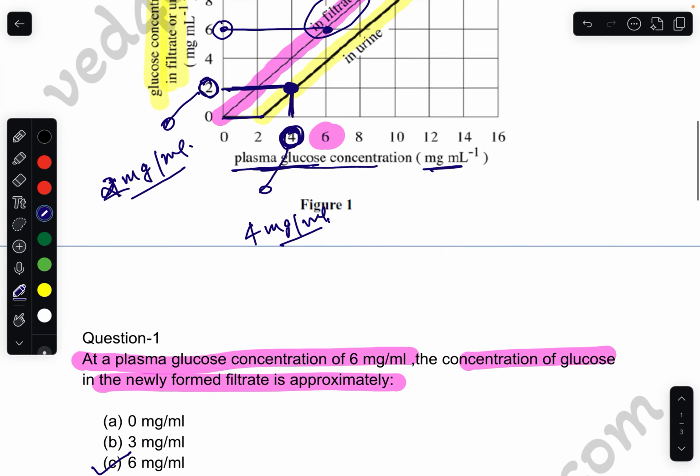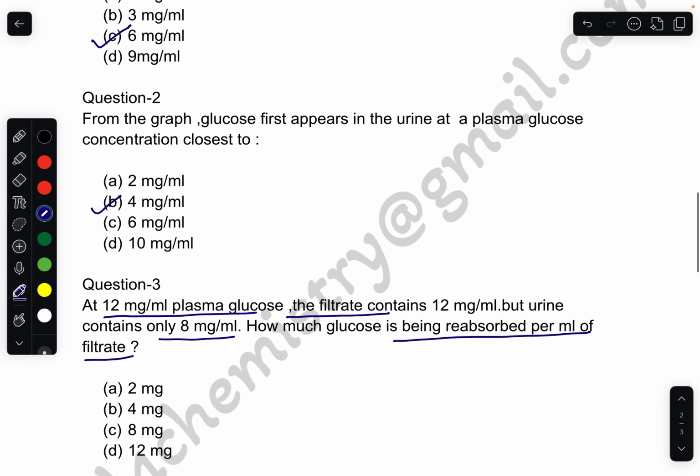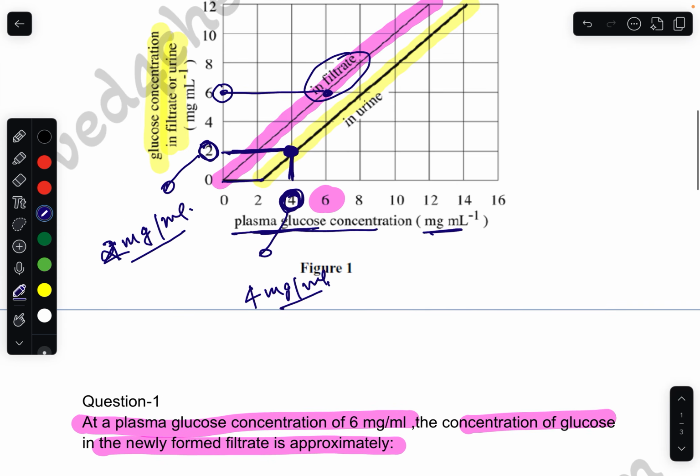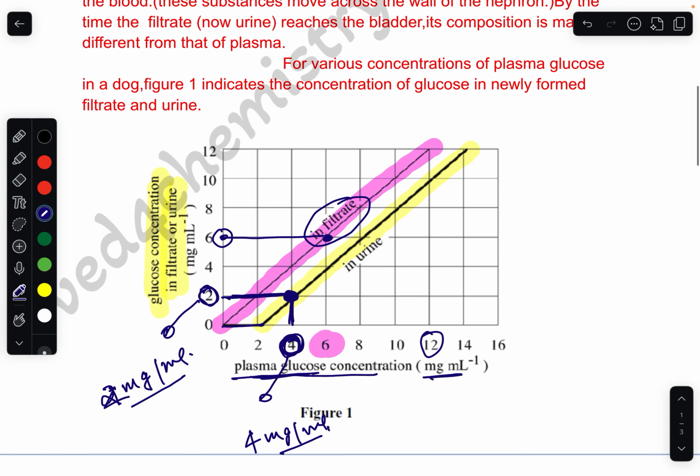As you can see, at 12 mg per ml plasma glucose, the filtrate contains 12. So this is my 12, and the plasma glucose is here 12, and the filtrate glucose is also 12. You can see this one is the glucose concentration at 12, but urine is lower.